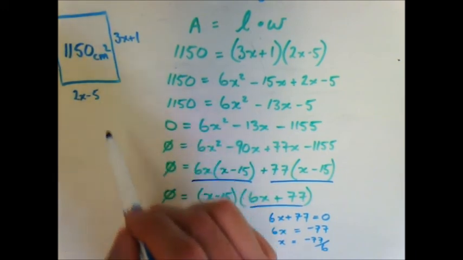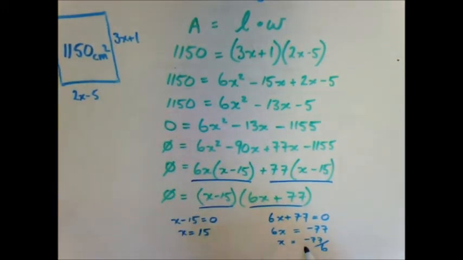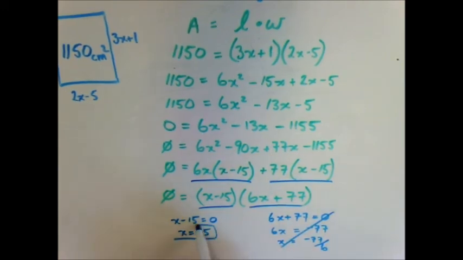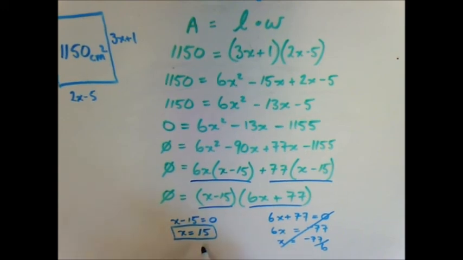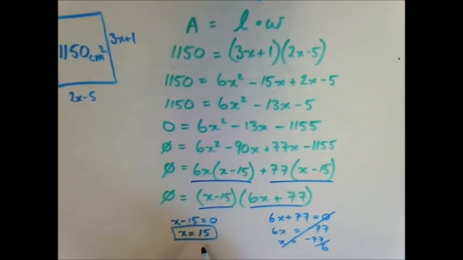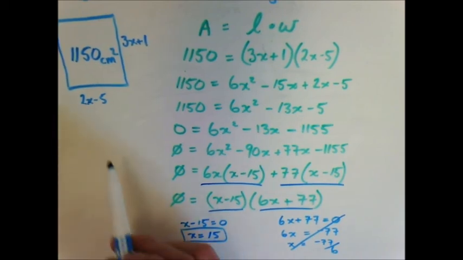You can't have a length or width of something that's negative. Doesn't make any sense. So this is not a real solution to the problem. The only solution is x equals 15, which we could use to find out exactly what the length and width are of our rectangle if we subbed it in.